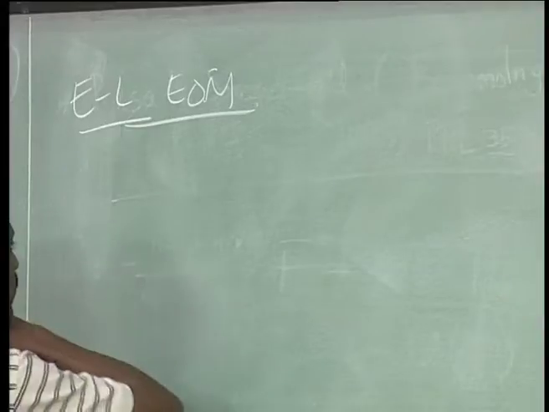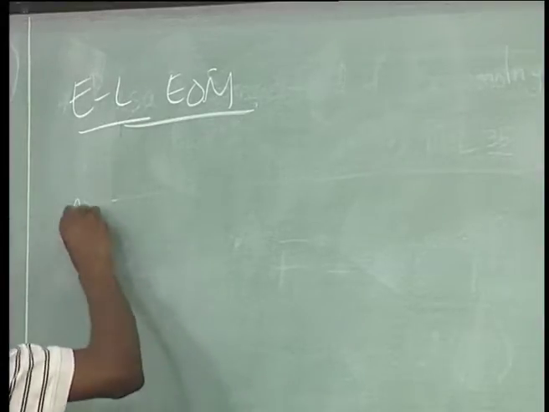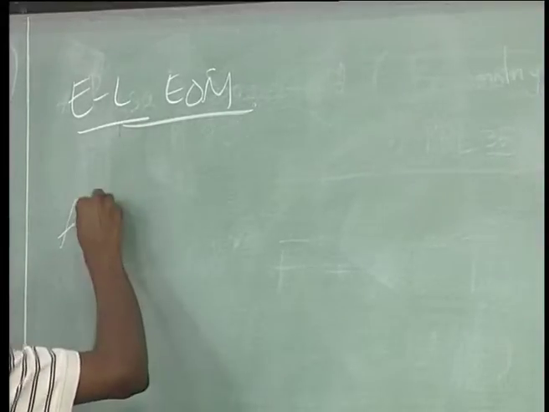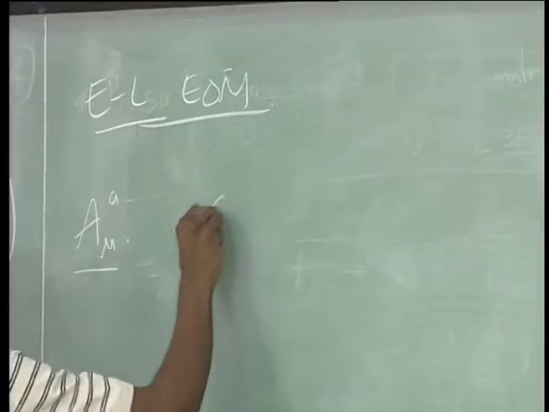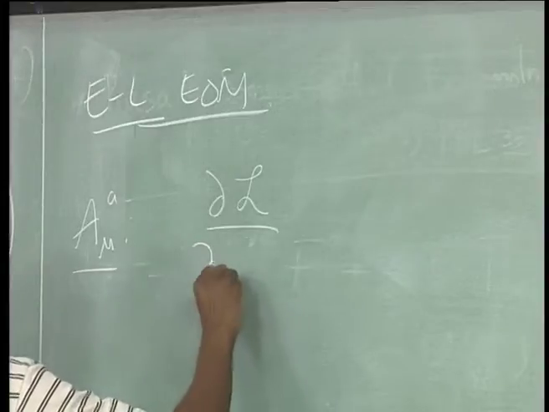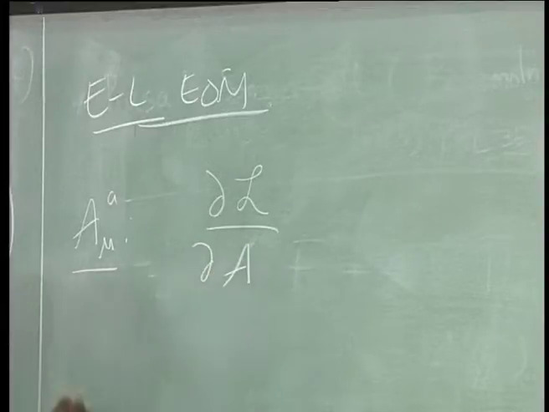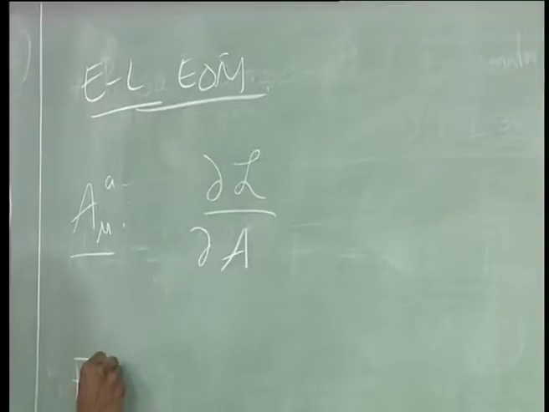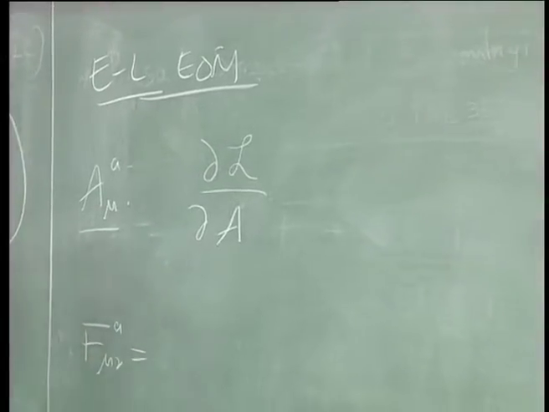So for instance, suppose we wanted to get the equations of motion for a mu a. So what we need to do is delta L by delta, let me first write out f mu nu a equal to.